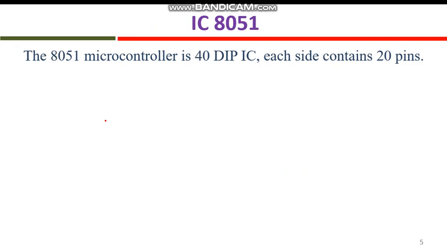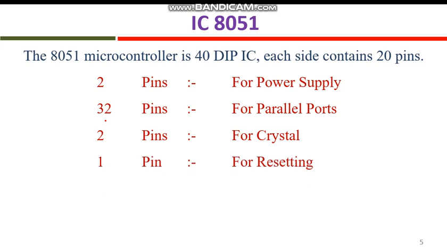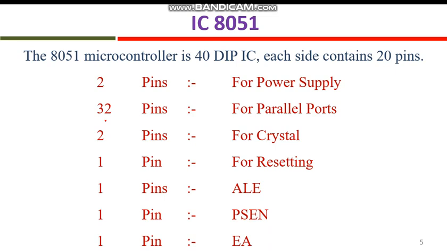That means each side contains equal pins, that is 20 plus 20 pins. Out of these 40 pins, 2 pins are for power supply, 32 pins are used for parallel ports, 2 pins are used for crystal, 1 pin is used for reset purpose, 1 pin is used as ALE, 1 pin is used as PSEN, and 1 pin as EA.